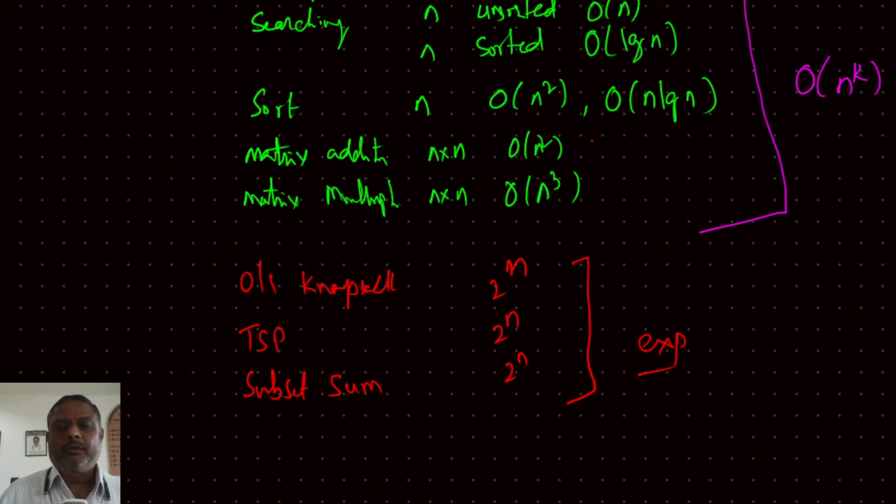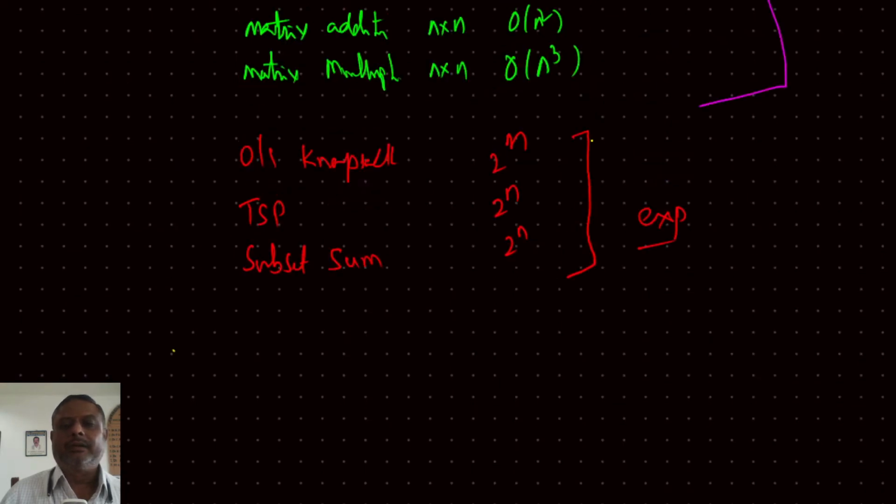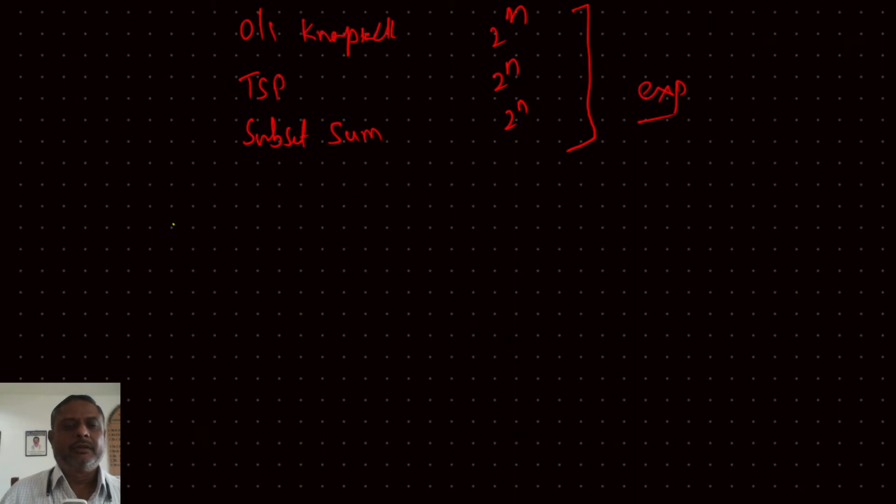Now the immediate question is, how do they matter? Yes, of course, the question is very much valid. Let me put that in simple terms. Let n be 100 and take a linear problem with 100 elements.